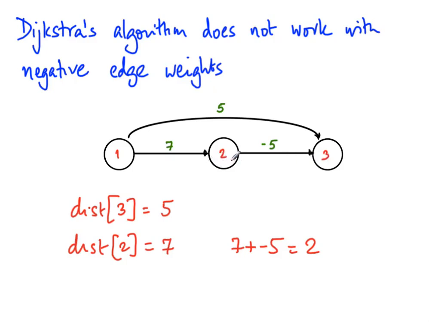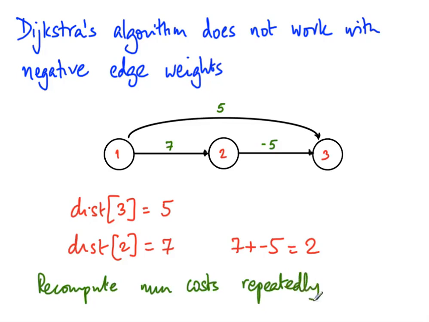So it never looks at this cost again. So the main thing that we need to do is to recompute minimum costs repeatedly to get around this. Okay, and this is the main adjustment we'll make in Dijkstra's algorithm to take care of negative edge weights.